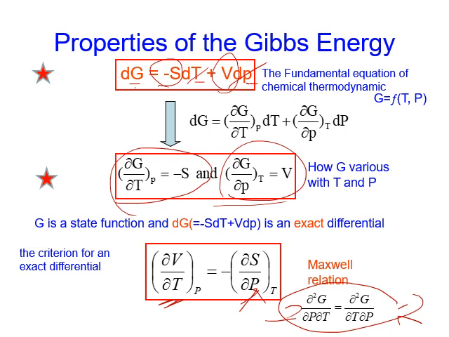Therefore you have one more Maxwell relation: the partial derivative of volume over temperature under constant pressure equals negative the partial derivative of entropy over pressure under constant temperature. Each differential has an associated Maxwell relation, and we'll summarize four of them in the next slide.